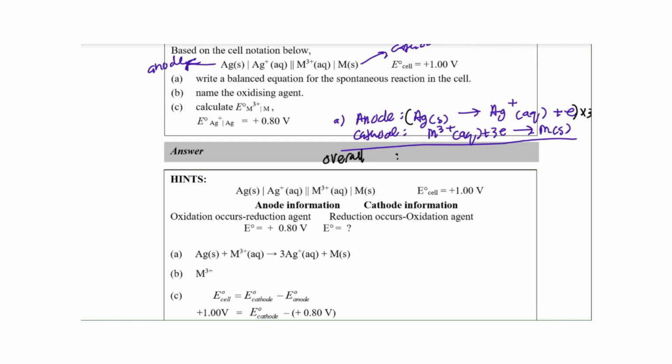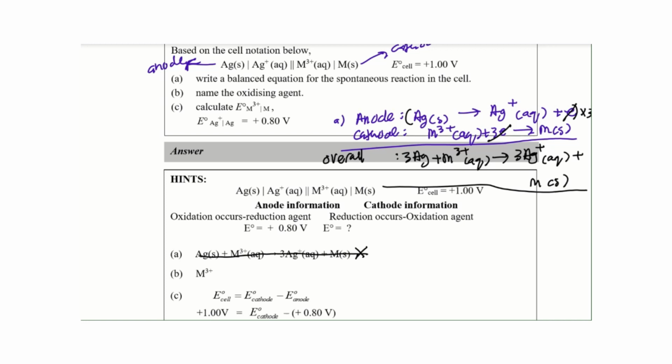So now we have 3 Ag plus M3+ equals, with the electrons cancelled out, 3 Ag+ and M solid. So this is the answer.